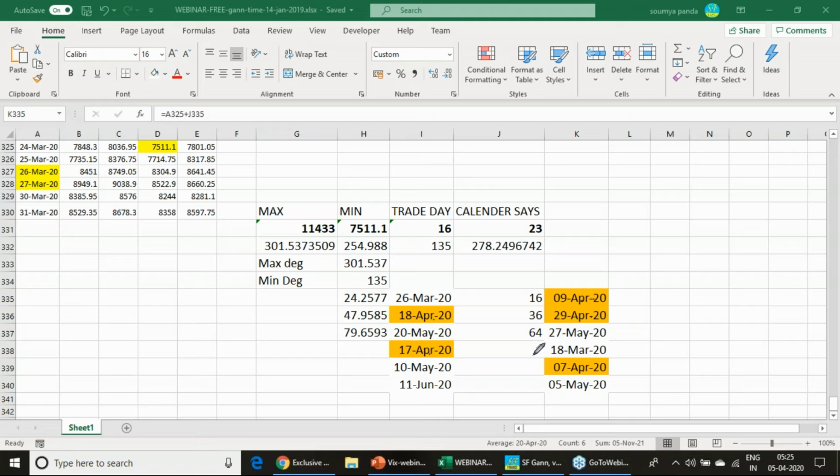That means if Nifty has a positive closing on 6th April, then on 7th April it should have a negative opening or negative closing. So 7th April is a trend change day.